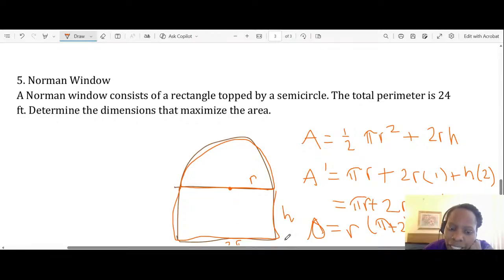Do we want to make h equals r? That would be a square. That would definitely maximize it. Oh no, if h was 2r, that would maximize it, because square maximizes a rectangle.